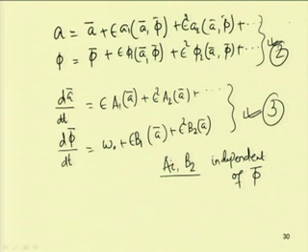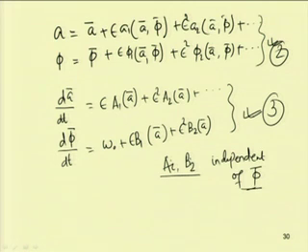Similarly, phi is written as phi bar plus epsilon phi 1 plus epsilon square phi 2, and then substituting into the previous equation, one can write dA bar by dt, as A bar and phi bar can be considered constant, equal to epsilon a 1 of A bar plus epsilon square a 2 of A bar. Similarly, d phi bar by dt equal to omega 0 plus epsilon b 1 plus epsilon square b 2. So, here a i and b i, with i equal to 1 to 2, are independent of phi.